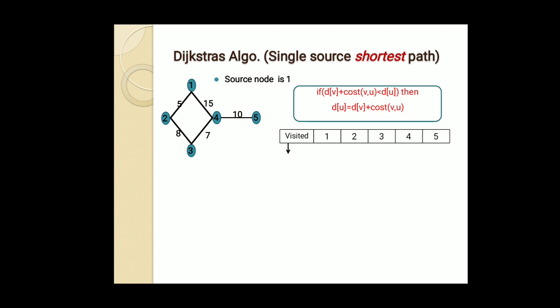Gradually we'll get to know. Starting with the visited set, I'm starting from source 1, so I take that as 1. The distance from 1 to 1 is obviously 0, as it doesn't have a cycle.